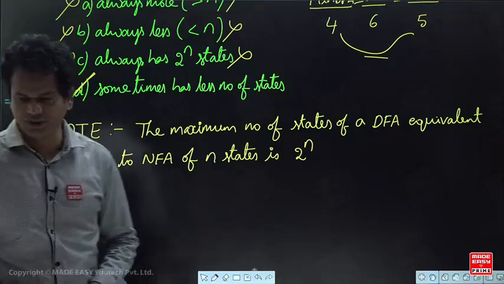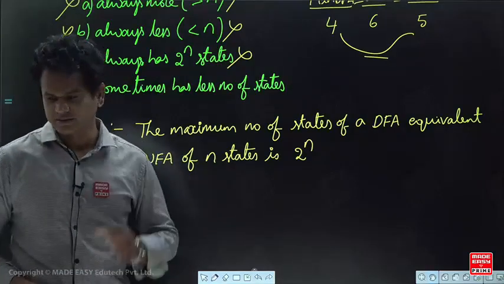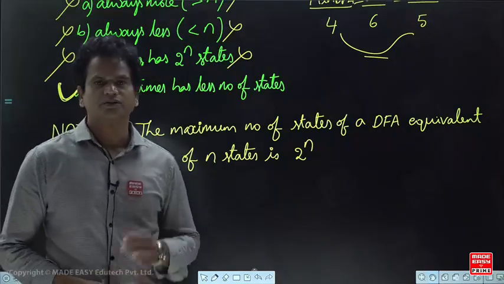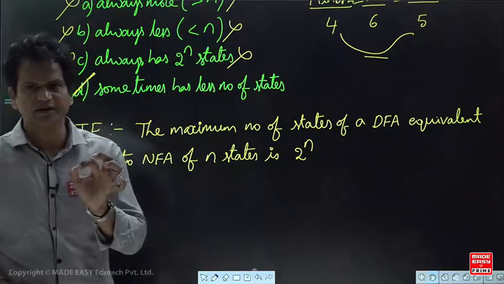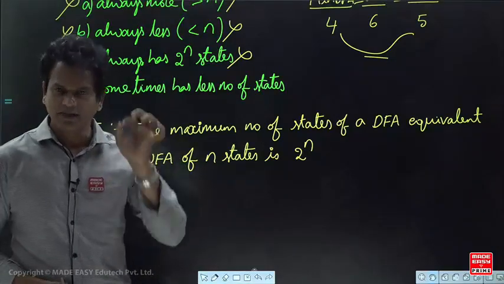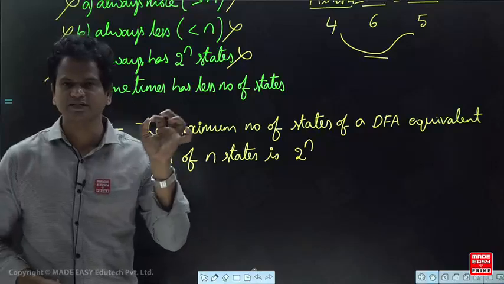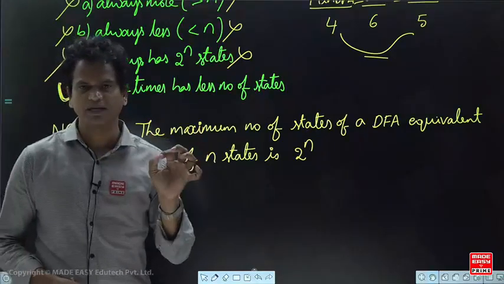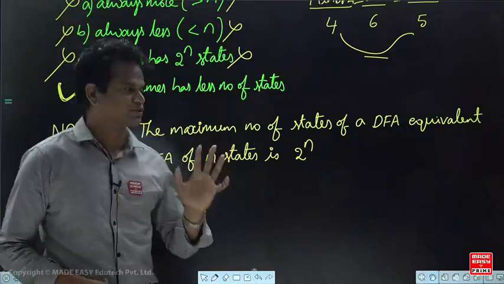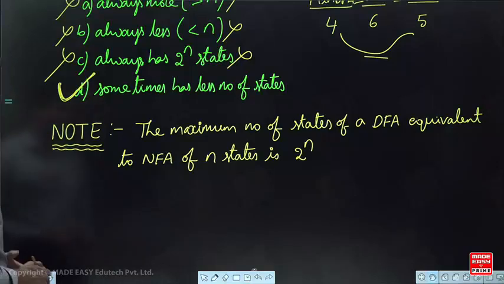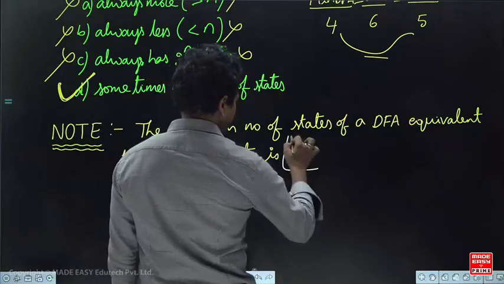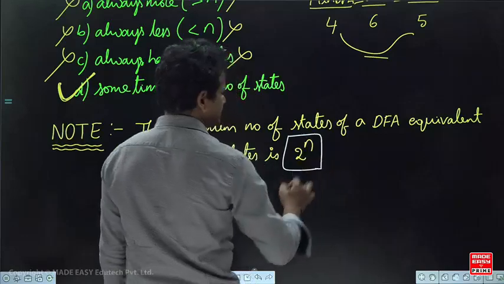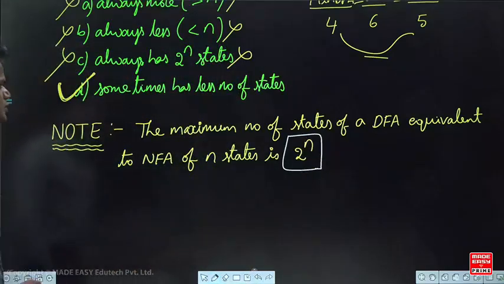Okay, I'll give you one question, so please try. Concentrate here. If the NFA has n states, the DFA may be equal, may be more, may be less, but in the worst case the maximum will be 2 power n. So not more than that, 2 power n. Okay, so copy this one. The maximum number of states of a DFA equivalent to an NFA of n states is 2 power n.